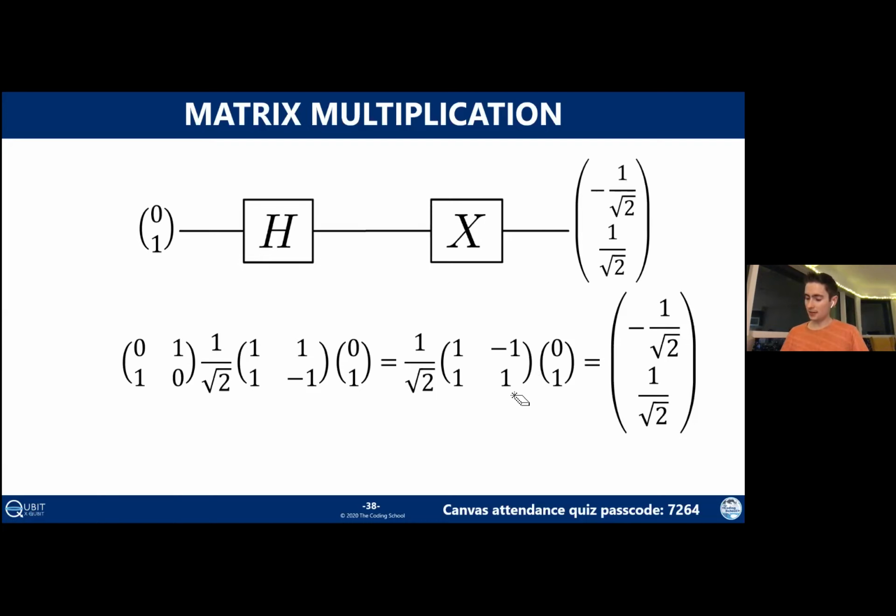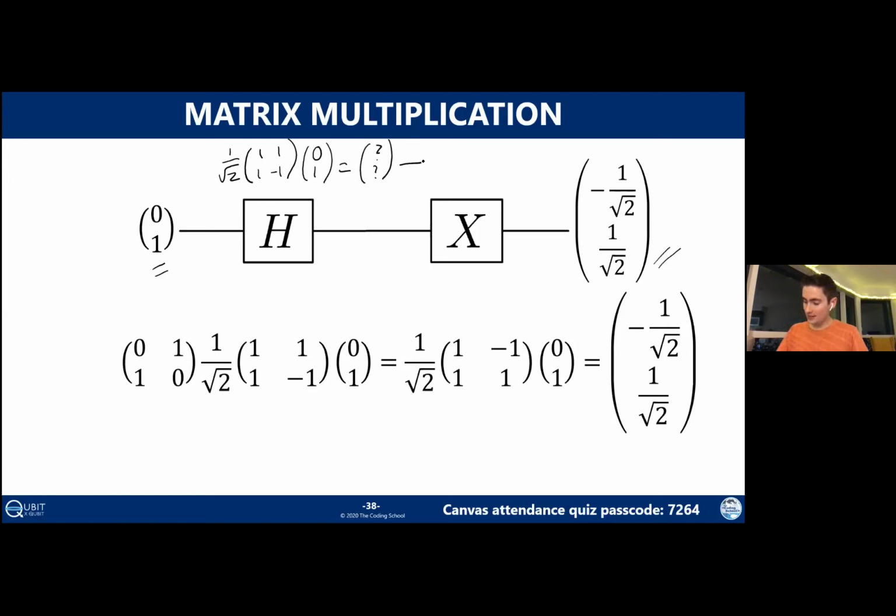So as an example, if we started with an input qubit that was 0, 1, and we ran it through this whole thing, we would get an output qubit that looks like this. And you could do this by first figuring out what the H gate does. So that would be something like this, equals something. I won't do it right now. You can do this on your own for practice if you want.